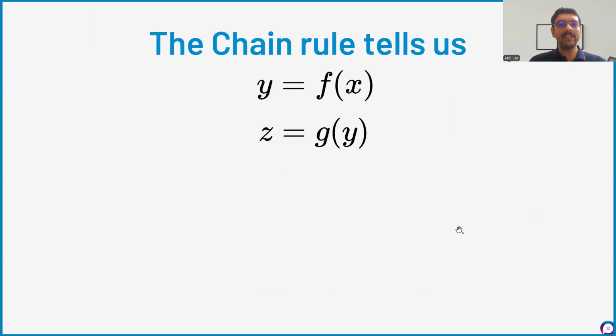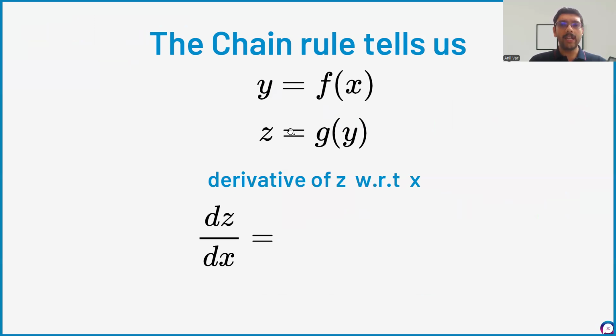The chain rule is actually a very simple principle which tells you that given a function y, which is dependent on x, and then if you have a function z that depends on y, which as you know means that now z implicitly depends on x through y, then you want to calculate the derivative of z with respect to x.